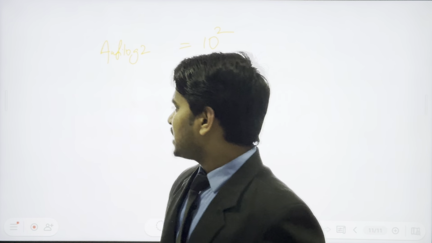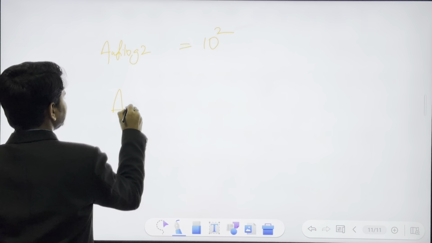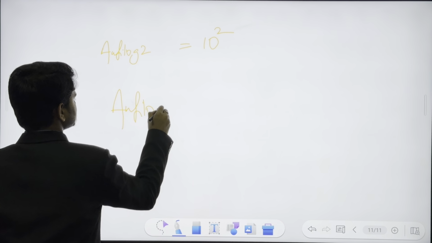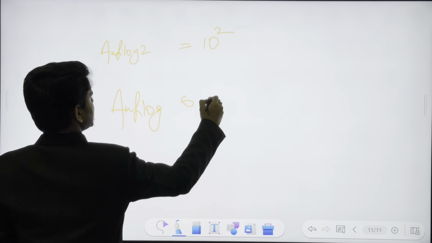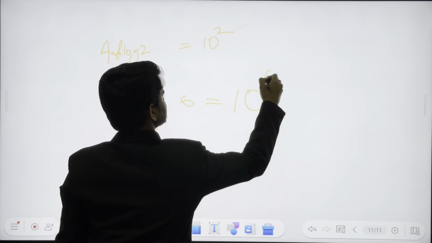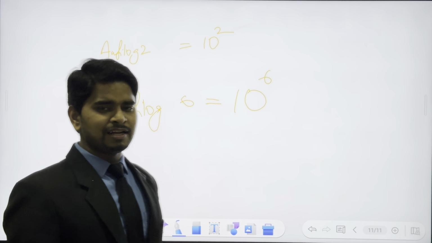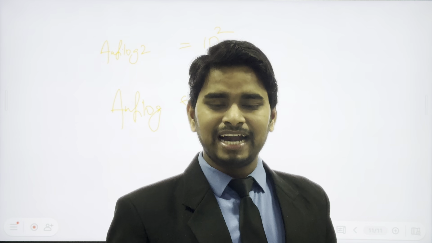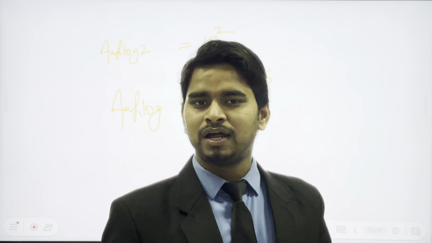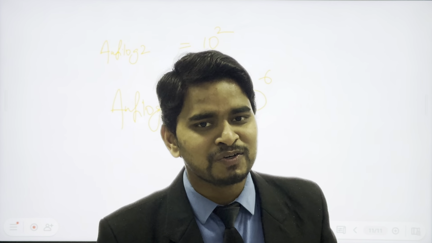If I'm asking what is the value of anti-log 6, it's nothing but 10 to the power 6. Anti-log 10 is 10 to the power 10. Anti-log 0 is 10 to the power 0.